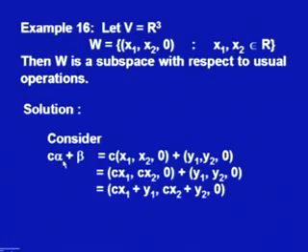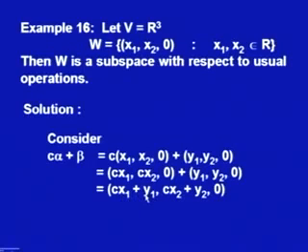So let us consider C alpha plus beta. Alpha is x1, x2, 0 belonging to the set W, and y1, y2, 0 is beta in W. Then if you add the two, it is Cx1, Cx2, 0 plus y1, y2, 0, and finally we will have Cx1 plus y1, Cx2 plus y2, and 0.